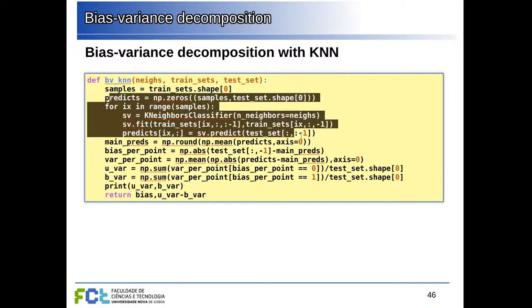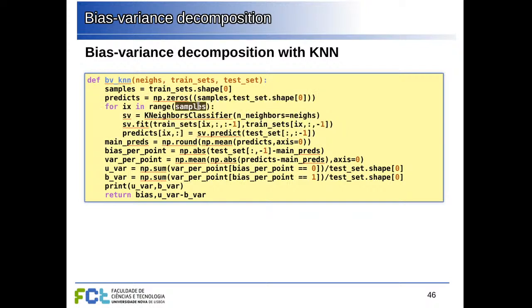So when we finish this, we have for each point as many predictions of the class as we have replicas created from our training set. So now we can compute the statistics here. We're going to get the majority vote, so the main predictions, by using the average of the predictions. So let's assume these classes are 0 and 1. We take the average and round that.